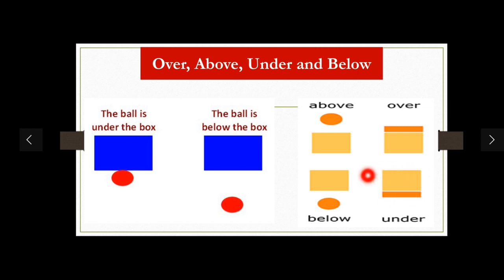So it is clear now that we use below when there is space between one thing and another thing, and we use under when there is no space. We use above when one thing is at a higher position than another and there is space. And we use over when one thing is at a higher position than another but there is no space.